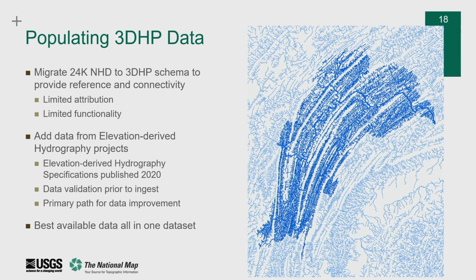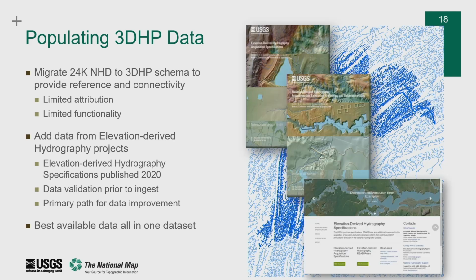So again, populating the 3D-HP data, we're going to be migrating the 24K NHD, but really the focus is to get this elevation-derived hydrography that matches the 3DEP data. To do this, we've written specifications. Those are online.